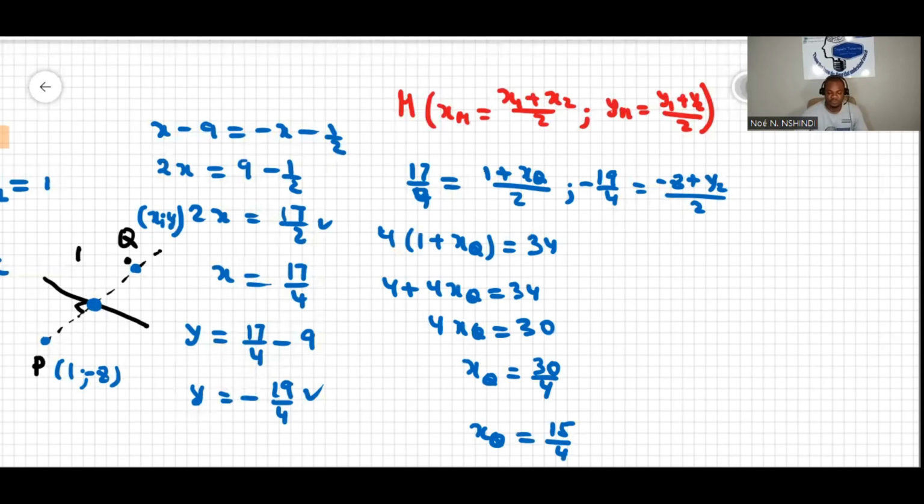And over here, similarly, if we cross multiply, that makes -32 plus 4yq equal to -38.